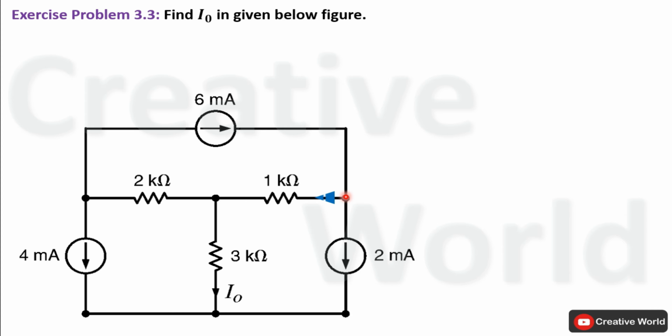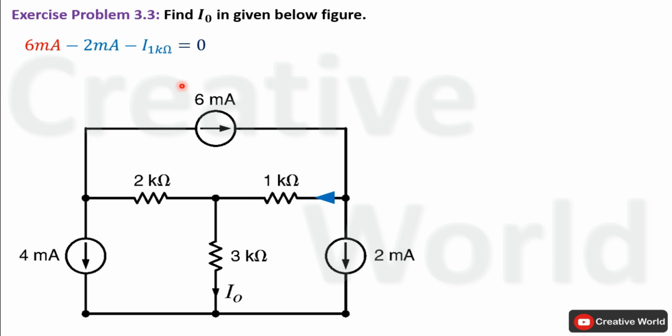So the direction of current through this branch will be leaving from this node, and the KCL equation on this node will be the sum of all entering currents, in this case only one current is entering, 6 milliampere, minus the sum of all leaving currents. In this case 2 milliampere and the current through this 1 kilo ohm resistance, both are leaving from this node.